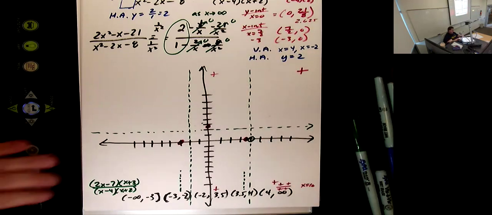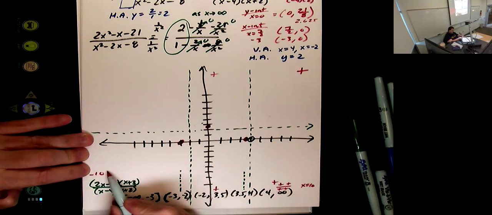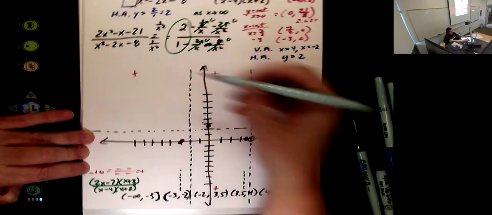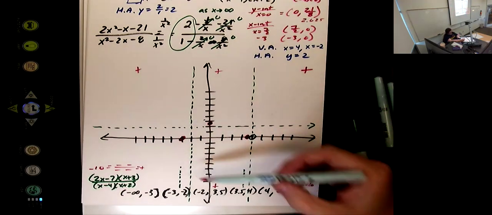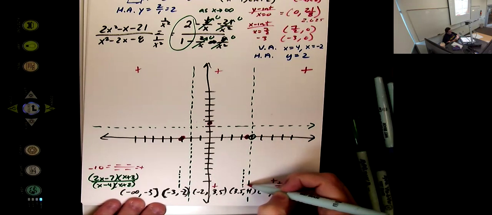And if I stick in negative 10, I've got a negative, a negative, a negative, a negative, which makes the overall region positive. We just need to figure out what's going on right here and right here.